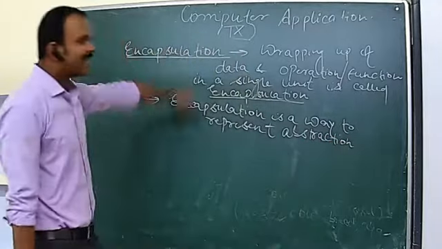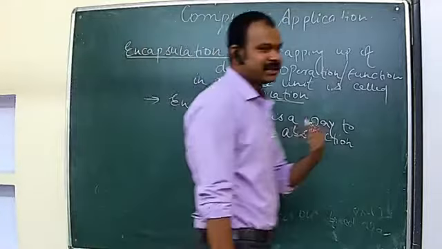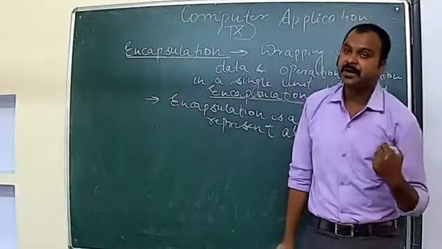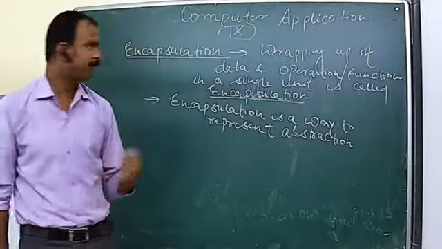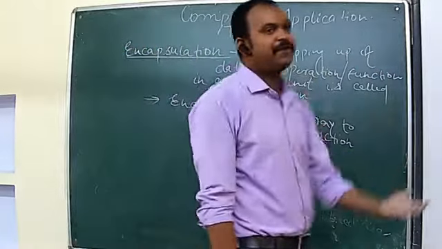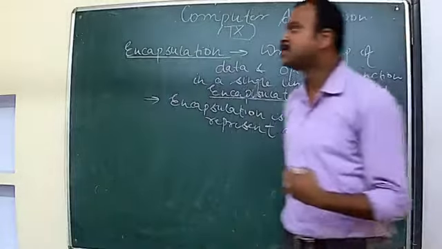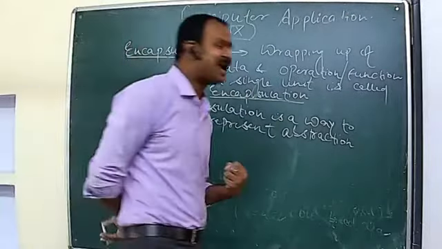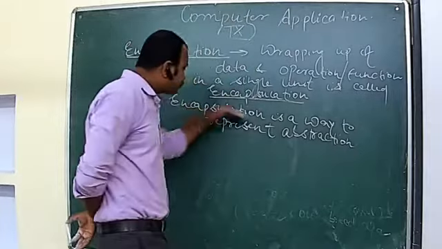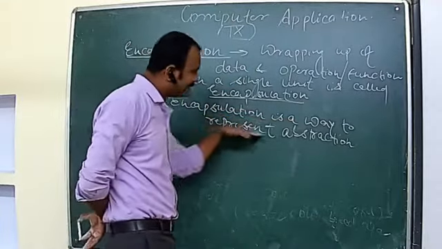Encapsulation actually hides our data so that it can be protected from accidental use. Encapsulation is a way to hide our data so that accidentally it cannot be used by somebody else. Or encapsulation is a way to represent abstraction.